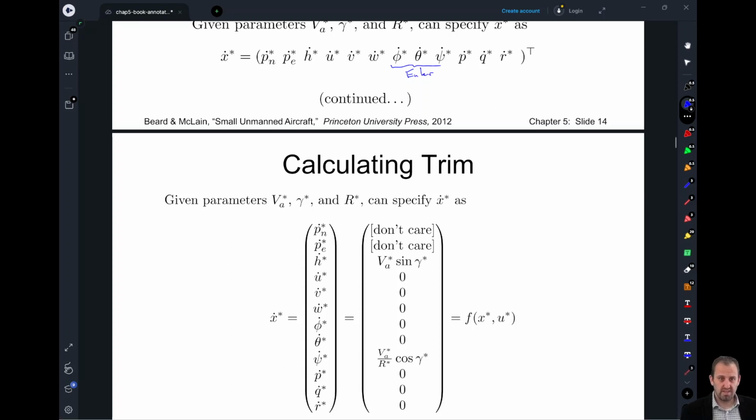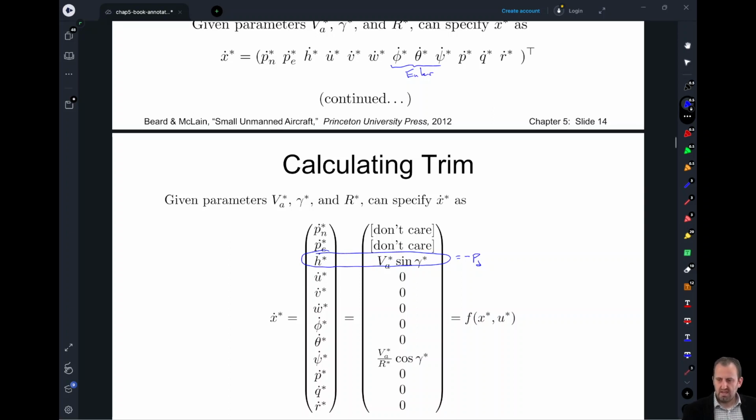We're moving and we don't care. We also don't care about the east direction. We have H dot. Now this is often a sore point. This is equal to negative PD. So if you put in a PD dot, that's going to be a negative VA sine gamma.